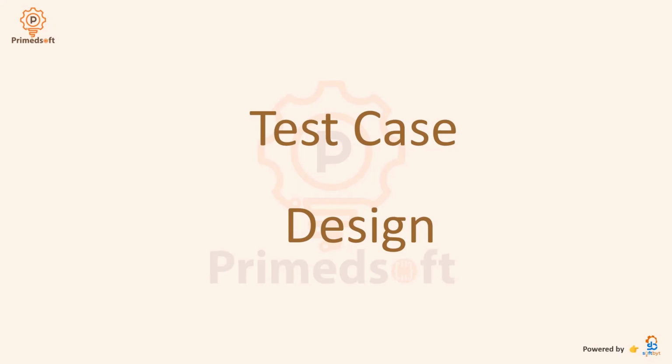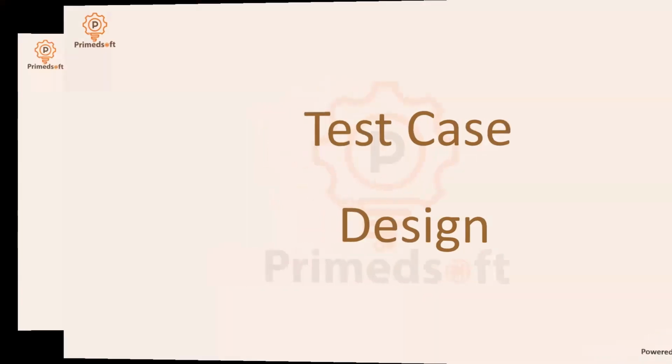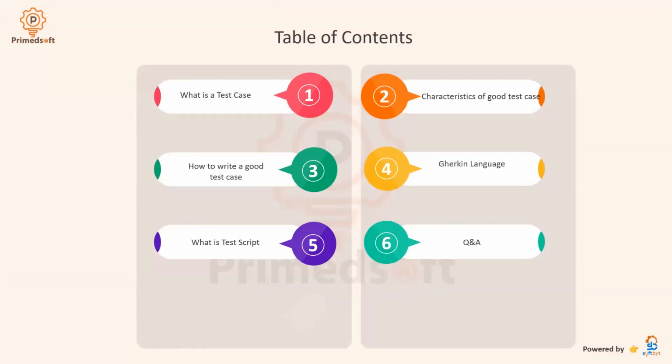But before we do that, we want to know what a test case is and look at the characteristics of a good test case, because that will help us know how to write a test case.